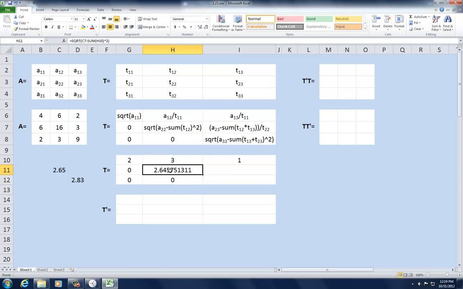And what we get is this value. I brought it over here. If you look at the top, this is actually the value of the square root of 7, just as a decimal.